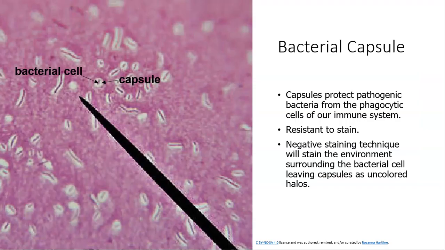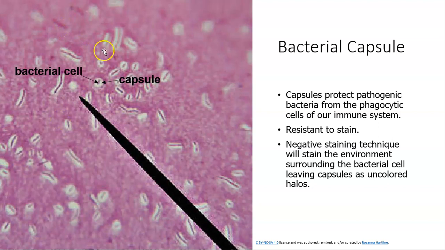Now, a negative staining procedure is often used to observe bacterial capsules. Again, bacterial capsules are resistant to stain. They're a protective layer that surrounds the bacterial cell, so they're not going to absorb stain. Since a capsule is not going to absorb stain, in order to visualize it and create contrast, we have to stain the background behind the capsule.